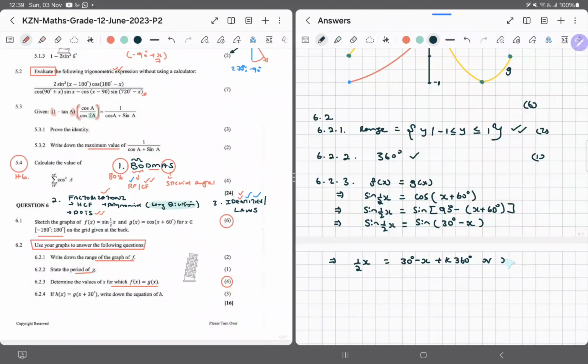Or, obviously guys, we just look and see. Do we really need the other one? But let's just check it out. There's nothing wrong with doing the right thing. So it's going to be 180 minus this, 30 degrees minus x plus k times 360 degrees.